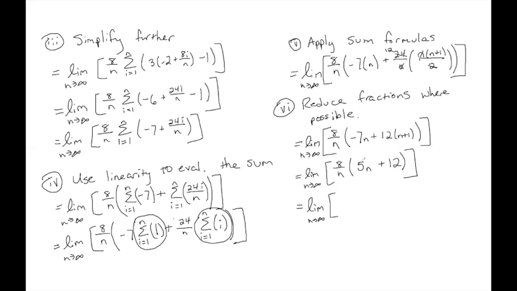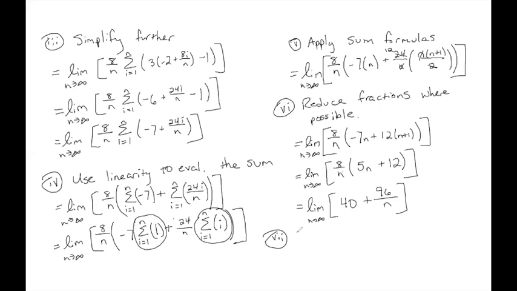This is 8 times 5 is 40, and the n's are going to cancel in this case. So I get 40 plus 8 times 12 is 96, so I get 96 over n. Finally, this is something I can work with in terms of a limit.